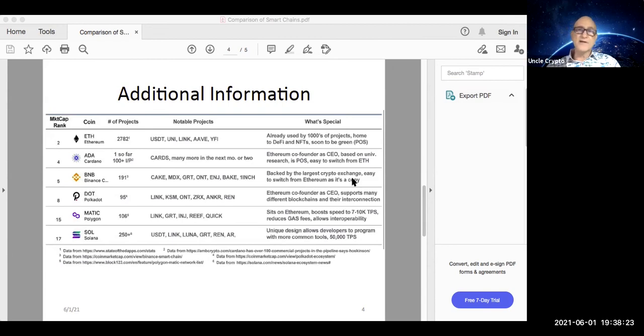And it allows interoperability, again, the important thing. So that's what they did with MATIC. And the reason I've put it here as a smart chain is because MATIC isn't just a simple layer two. When Bitcoin was slow and people were trying to use Bitcoin for actually buying things, it was too slow.